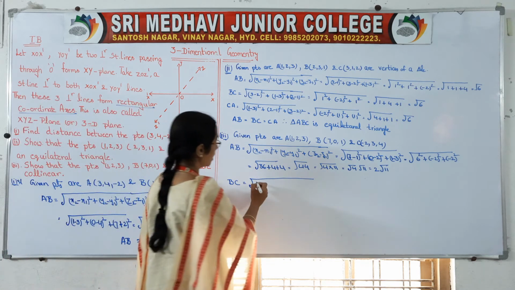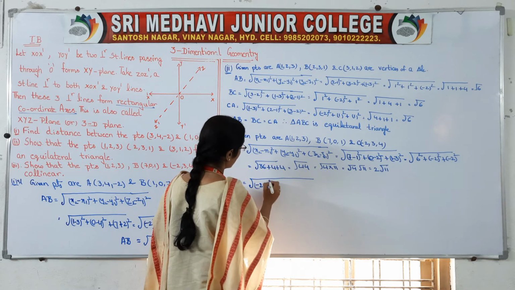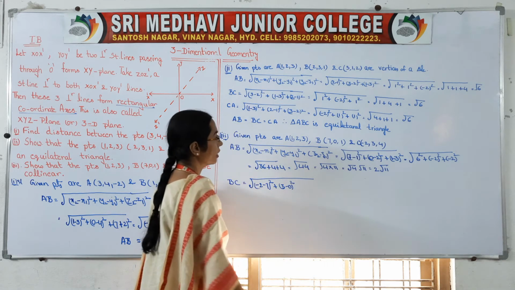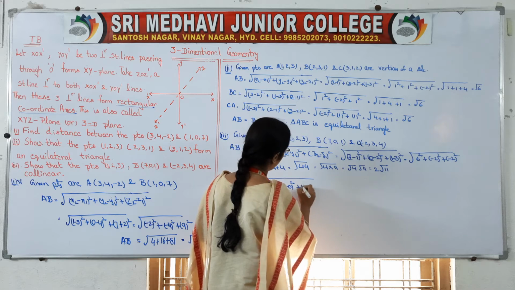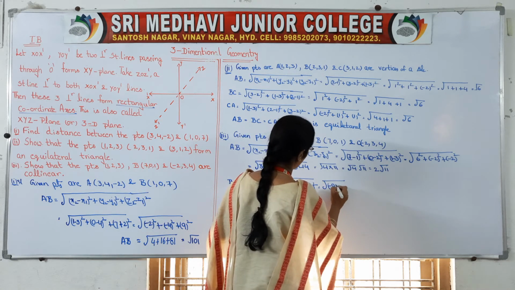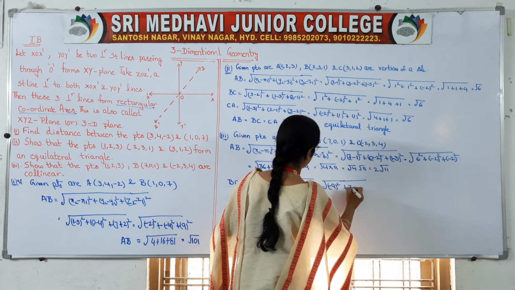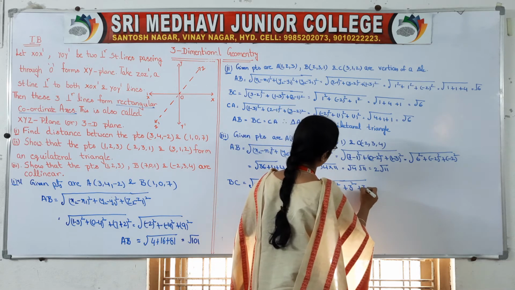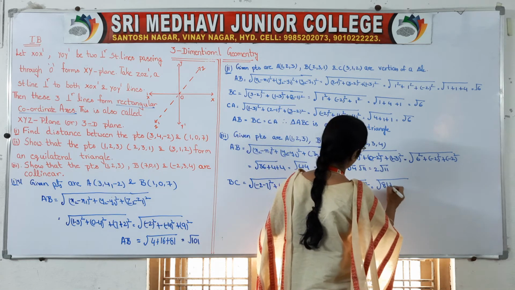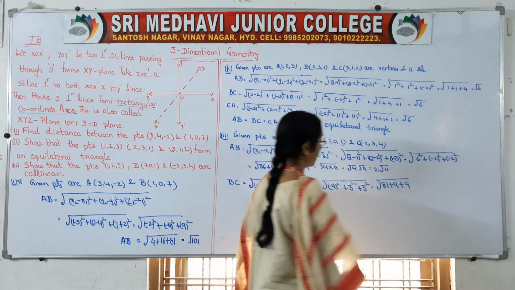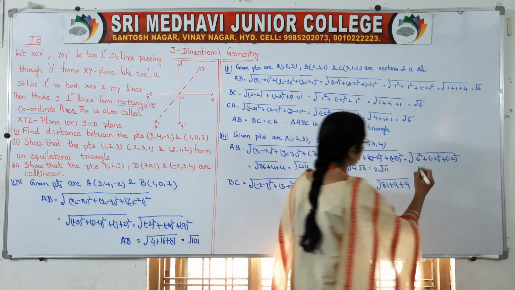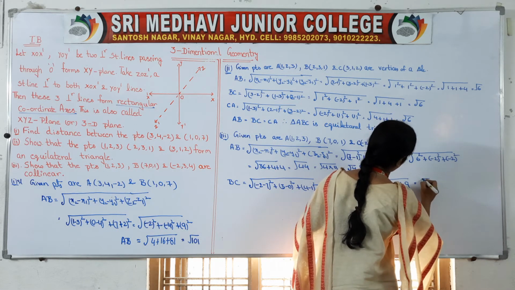So it is root of minus 2 minus 7 whole square plus 3 minus 0 whole square plus 4 minus 1 whole square, which is minus 9 whole square plus 3 square plus 3 square, that is 81 plus 9 plus 9, so it is root 99.